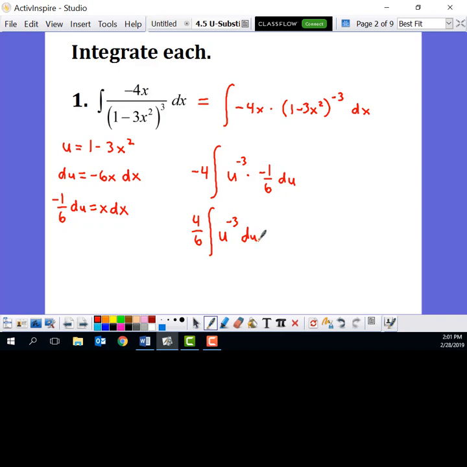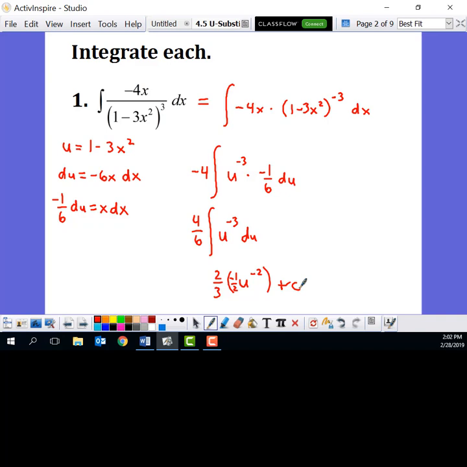So now I can integrate this, okay? Now remember, with our negative exponents, we're going to add 1 here to the exponent, so that's actually going to become u to the negative 2 power, and I'm going to multiply that by negative 1/2, and don't forget your plus c since it is an indefinite integral.